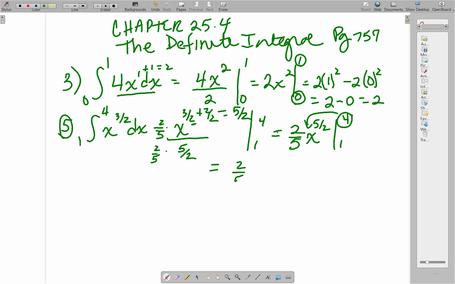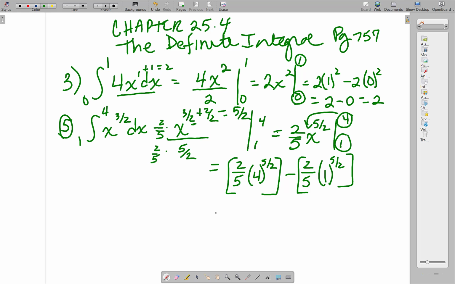We would have 2/5 times 4 to the 5 halves, minus, now let's substitute 1 in there, 2/5 times 1 to the 5 halves.